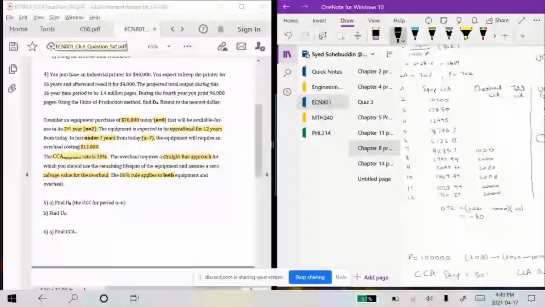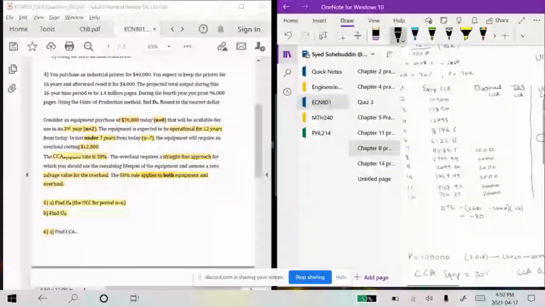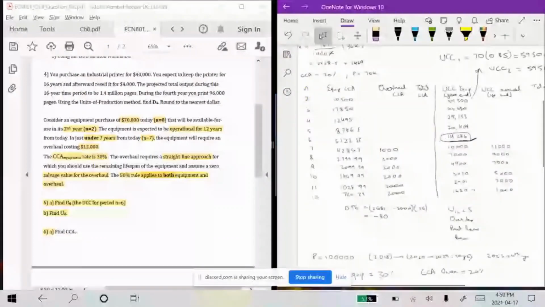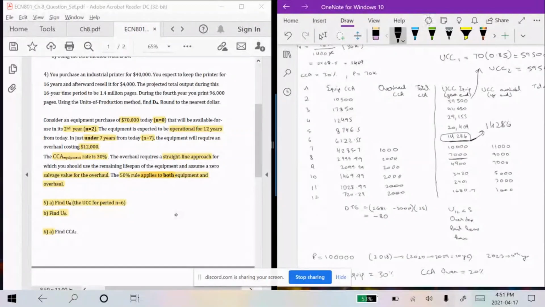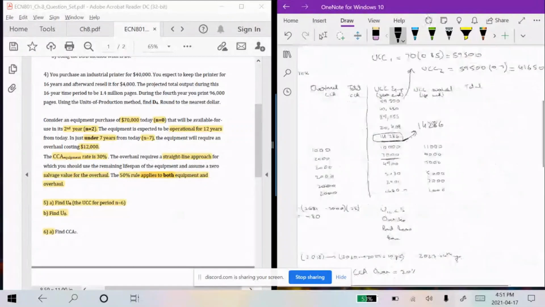Then similarly for the U8, what I did was, U8 right here, 7,000. You multiply this 14,286 by 0.7 square. So 14,286 into 0.7 square.